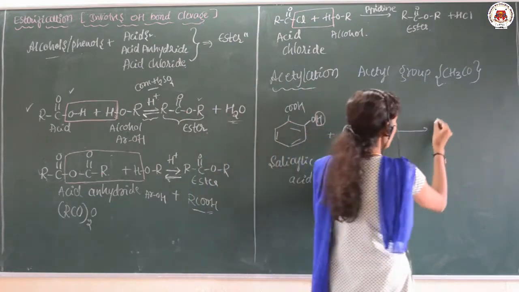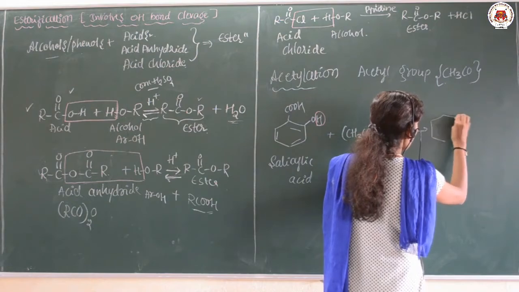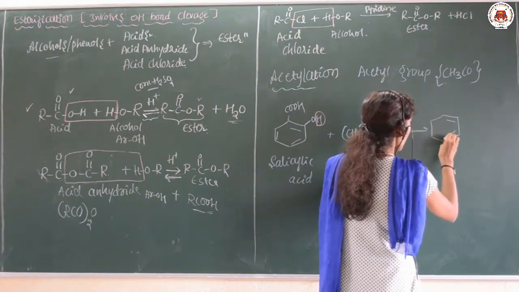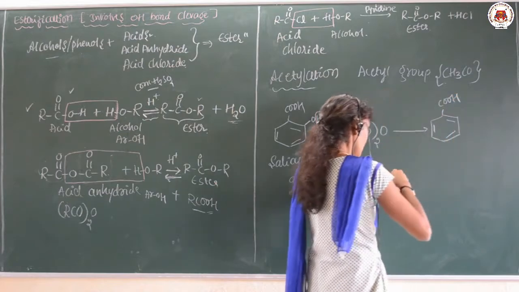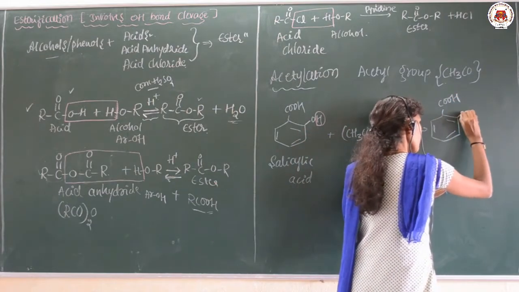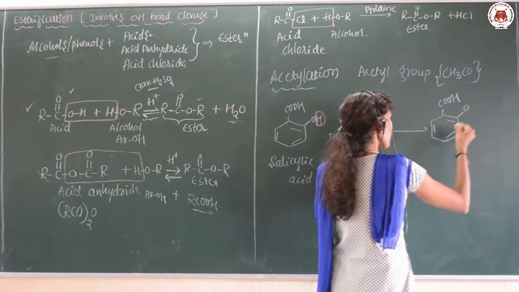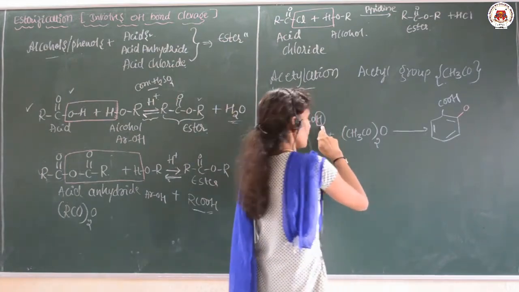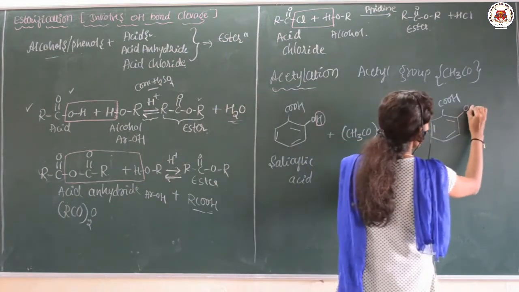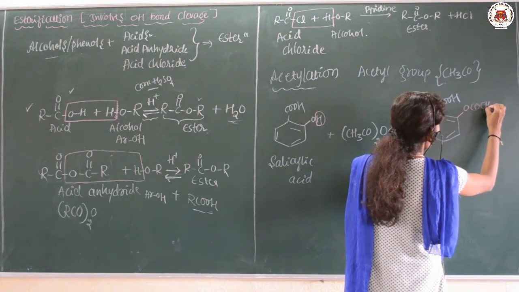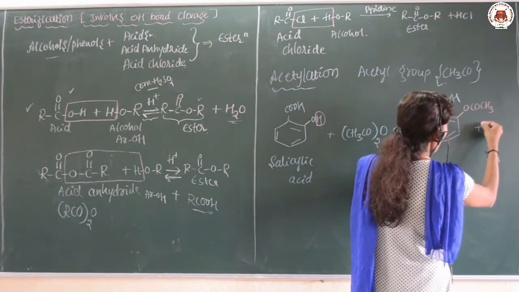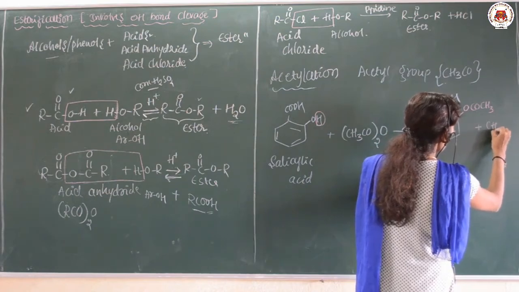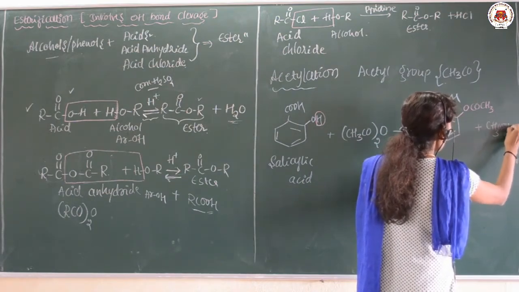So what happens here? COOH remains as it is. I am using this color in order to recognize the product. Instead of H you have to add COCH3. It means we are adding the acetyl group, and along with it the product is CH3COOH.